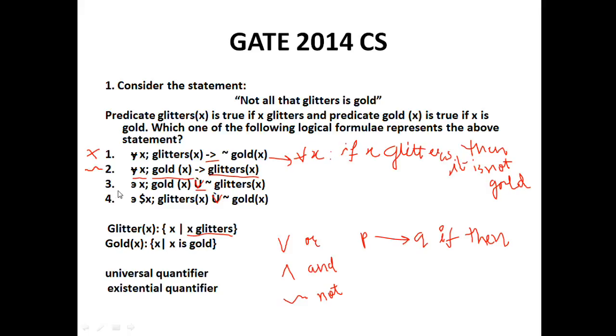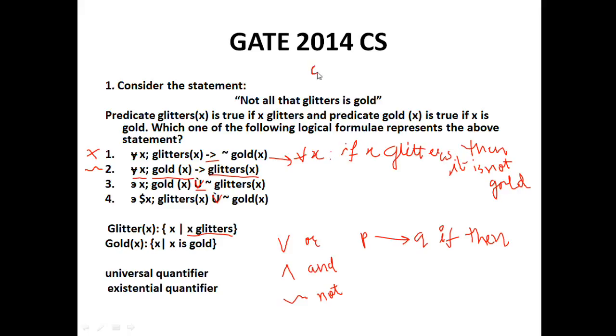Okay. So this one says there exists, I told you this is an existential quantifier. There exists x which is gold and it does not glitter. So actually it is not trying to say this, right? We can clearly say no. But even if you're confused, I'll just say, it is saying not all that glitters is gold.